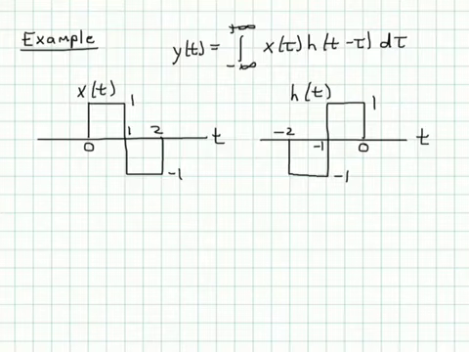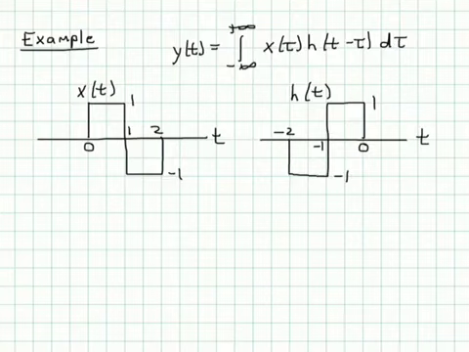And then h of t looks like this signal here. It's equal to minus 1 from minus 2 to minus 1, and then it's equal to 1 from minus 1 to 0. So what you notice right off the bat is that h of t for this particular example is just the time-reversed version of x of t.